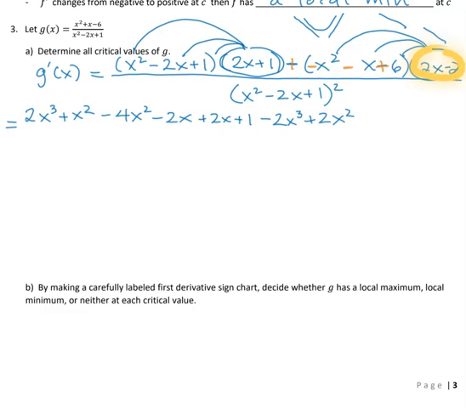Next is that whole thing multiplied by just a negative x this time. So we'll get a negative 2x squared and a plus 2x. And then last one, 2x minus 2 multiplied by 6. So I get a plus 12x and a minus 12. I got so close to fitting it in there.